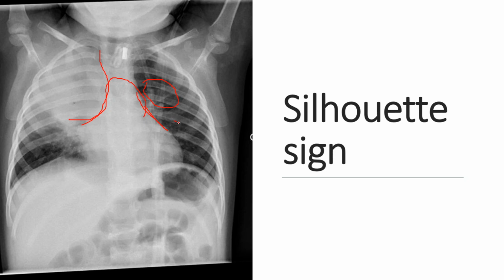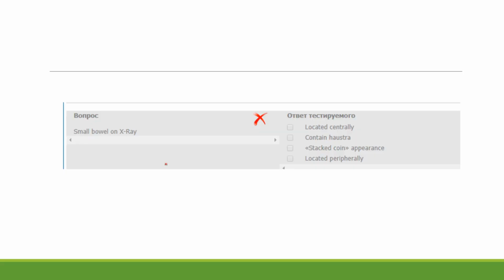There is one density and there is another density. But when we talk about pneumonia, we can see that their density is the same, and it is a silhouette sign. It means that there is some problem.